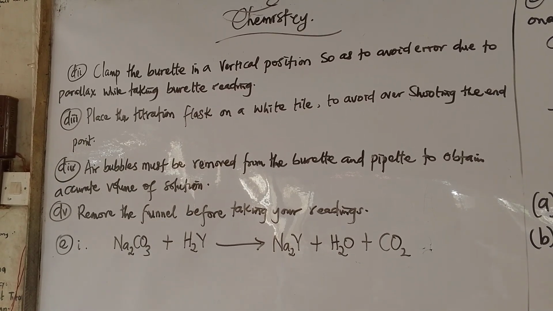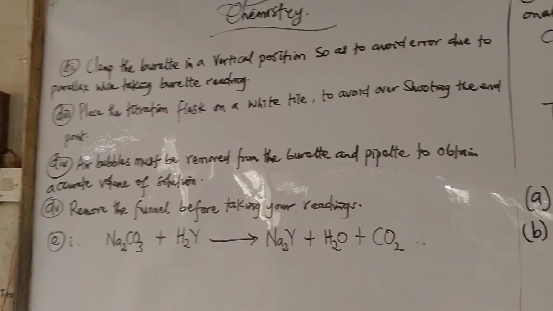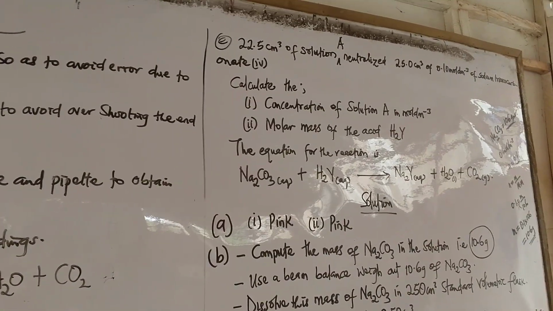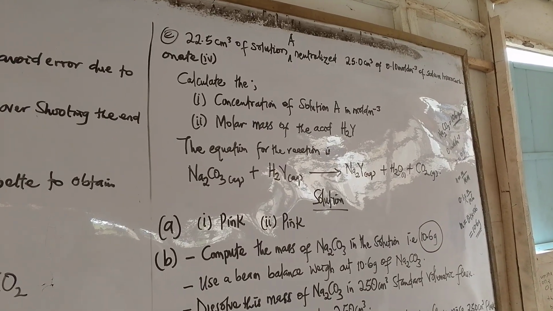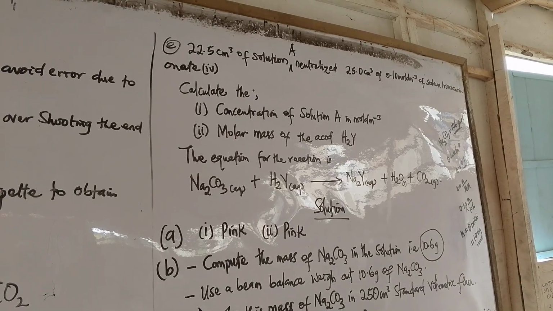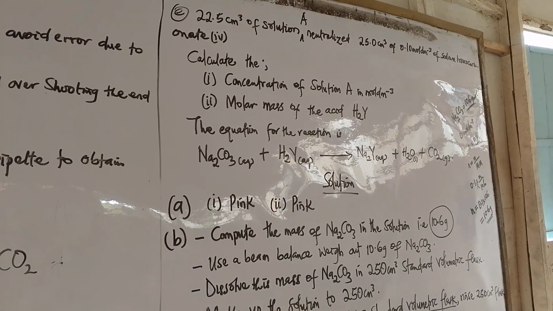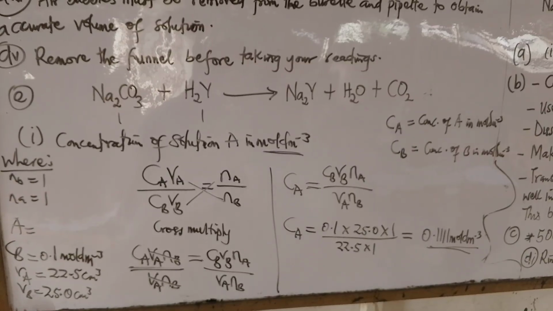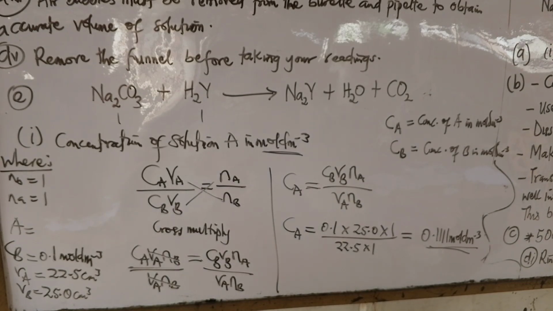So let's go to part E so that we can answer question E. E says we should calculate the concentration of solution A in mole per dm cube. Okay, we have to use this formula.